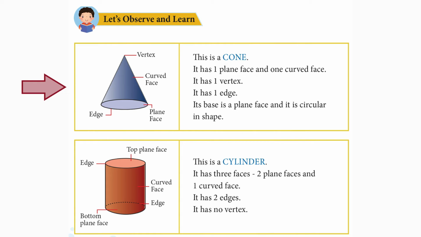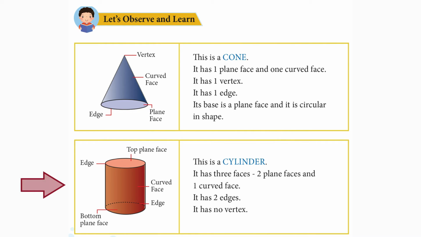So what all does the cone have? One vertex, one plain face, one curved face, one edge, and it is circular in shape. So did you see that it has everything, one each, and it is called a cone. Now the next one.